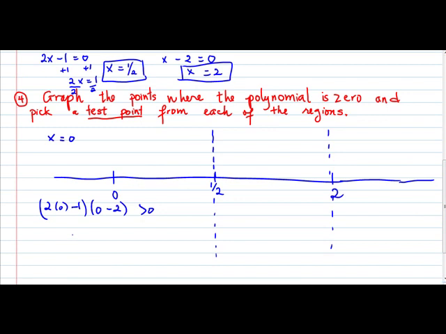I have minus 1 because 2 times 0 is 0, minus 1, times minus 2, which is a positive number. A minus times a minus is a positive number, which is greater than 0. This is exactly what we want.